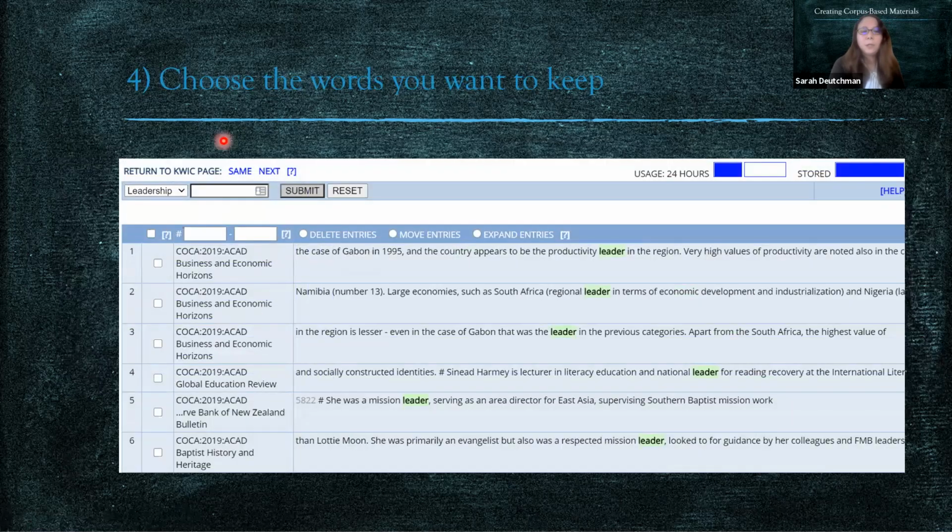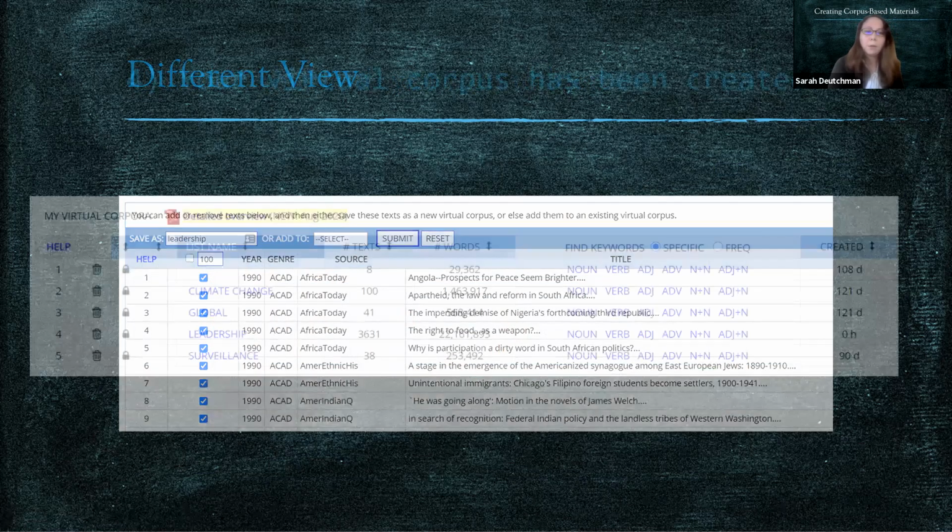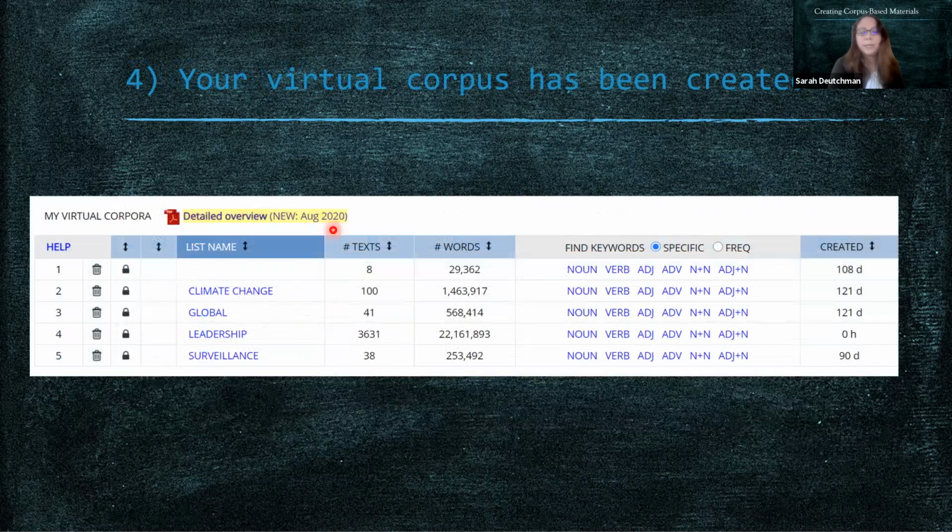And then choose the words that you want to keep. There are different views for this. One looks like this and another looks like this. Mine are all academic. I can see the article's name and I would be able to see more context if I wanted. And then you go to your list, your Virtual Corpora. Once again, there's a PDF that'll help you with it.